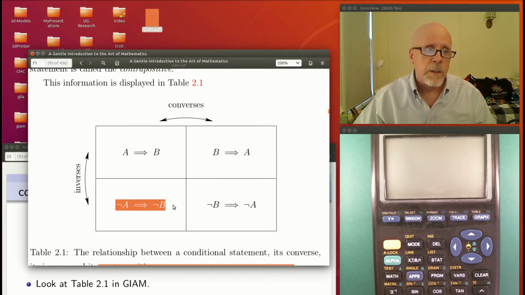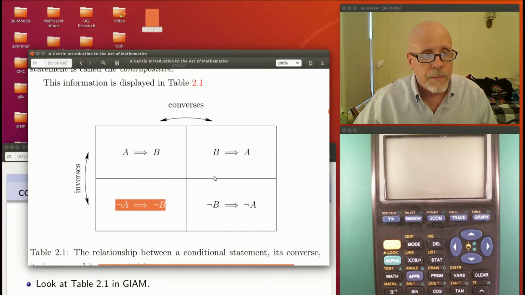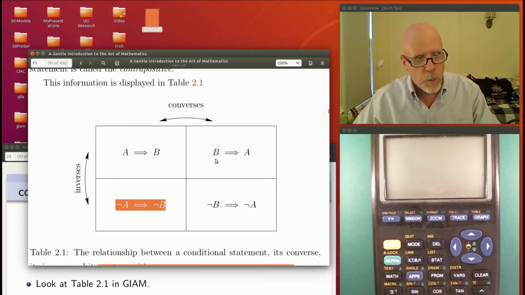The converse and the inverse have the same logical outputs, but they seem different, just as the original statement and its contrapositive seem different. If you had B implies A, I would still call this one the contrapositive of it. So these pairs across the diagonal are contrapositives of one another.